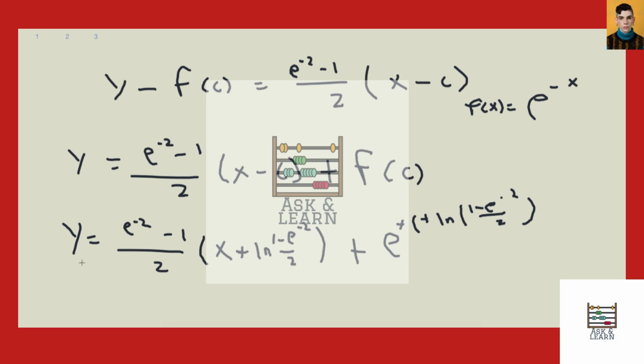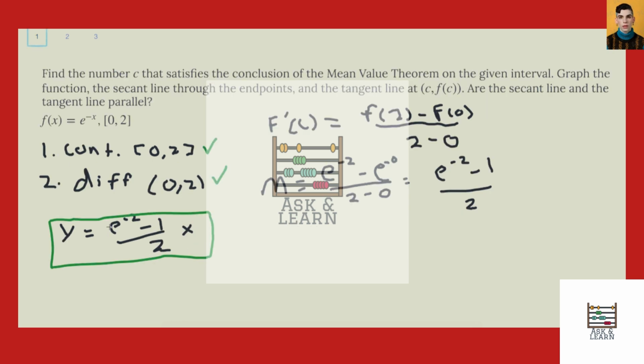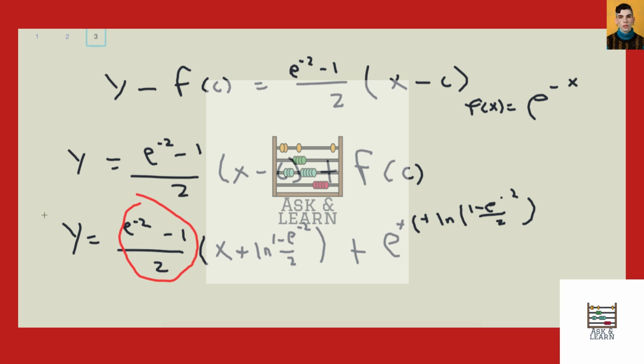And if you just do some algebraic manipulation, you're going to find out that this function has the exact same slope, which we can see right here. This has the exact same slope as our original function that we highlighted. This is the secant line, and this is the tangent line equation. This equation right here is the tangent line.